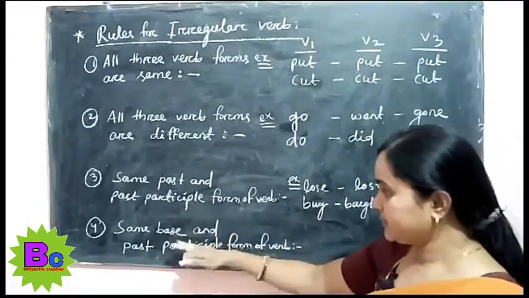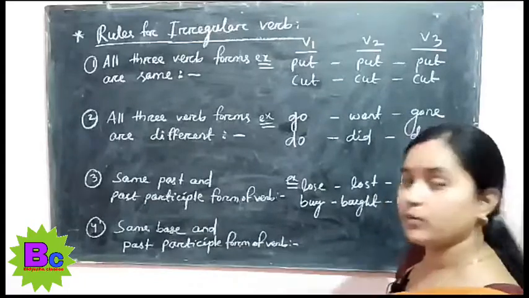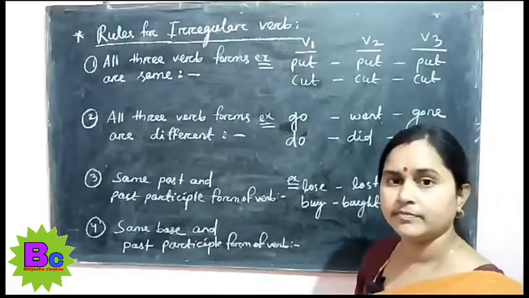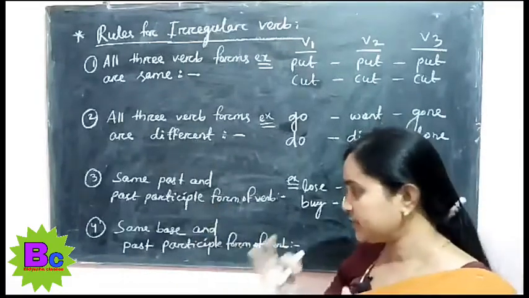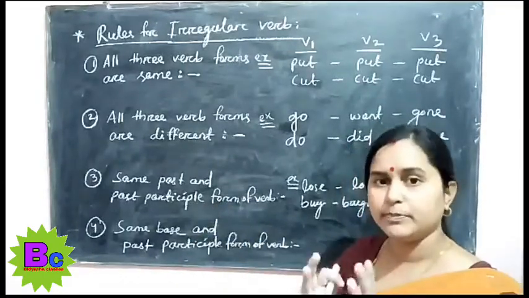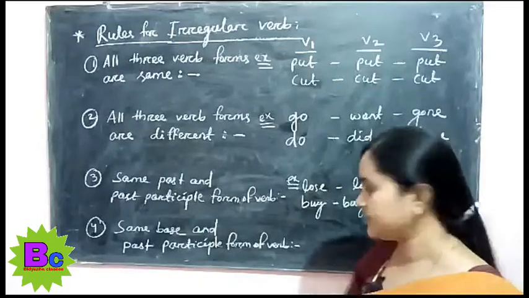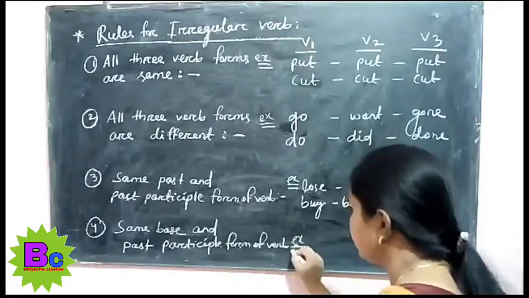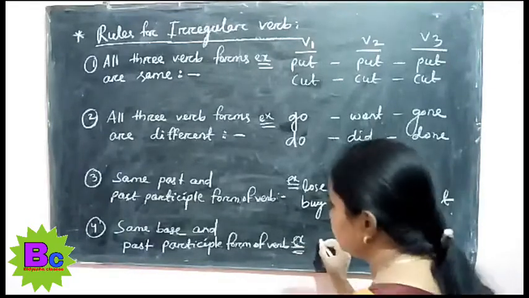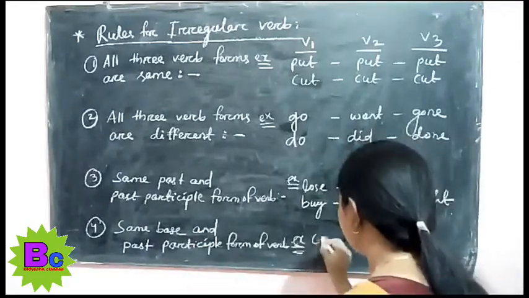And the fourth rule is same base and past participle form of the verb. The base form and the past participle form remain the same, but the past form of the verb is different. For example, come, came, come.